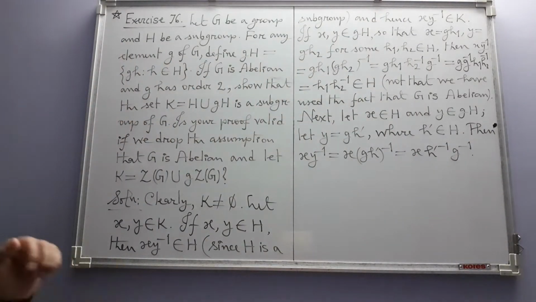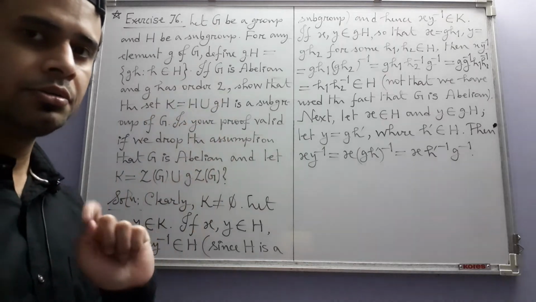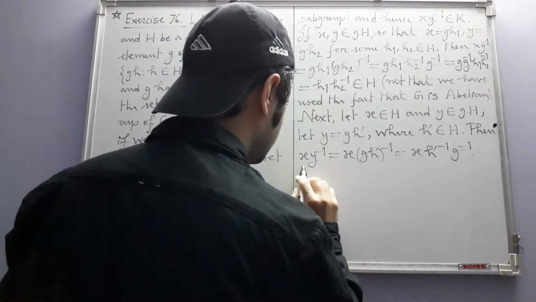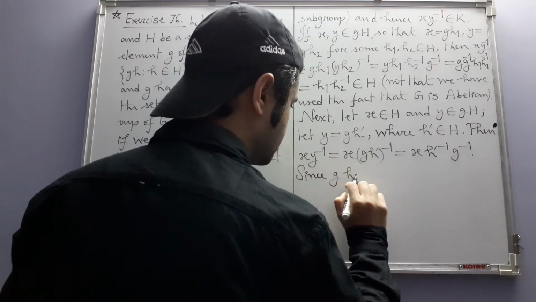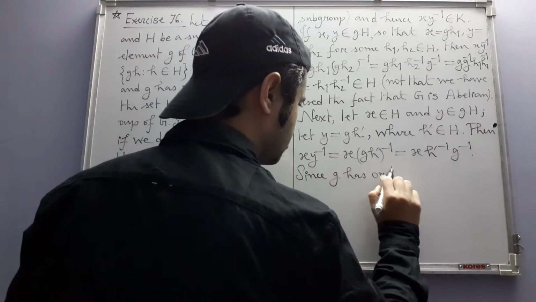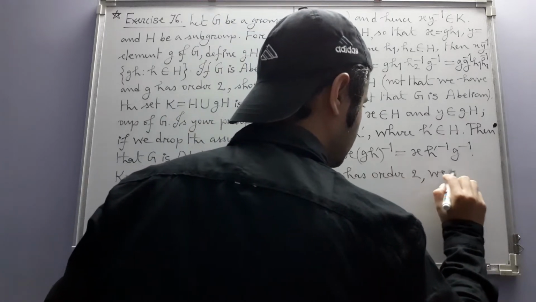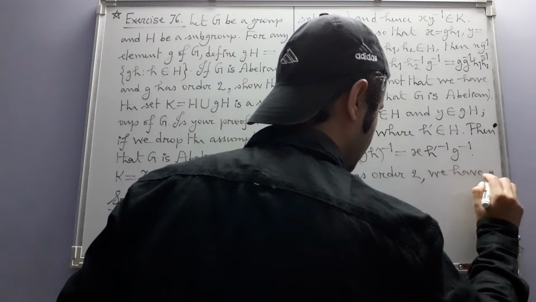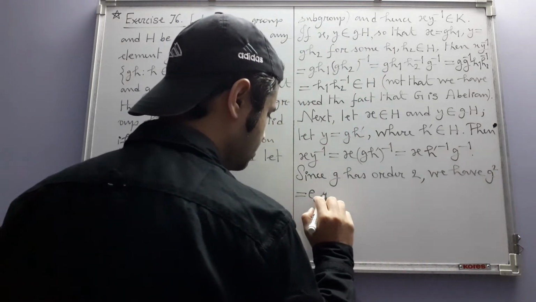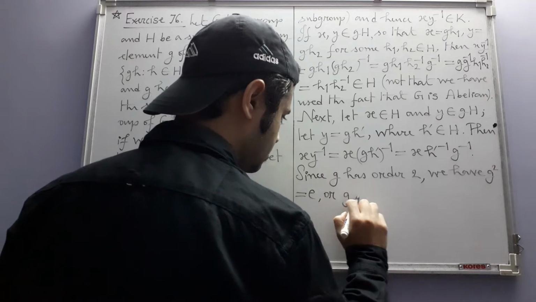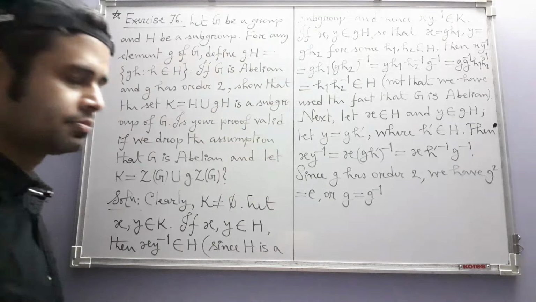Okay, now we are going to use the hypothesis that g has order 2. Since g has order 2, we have g square equal to identity, or g equal to g inverse.